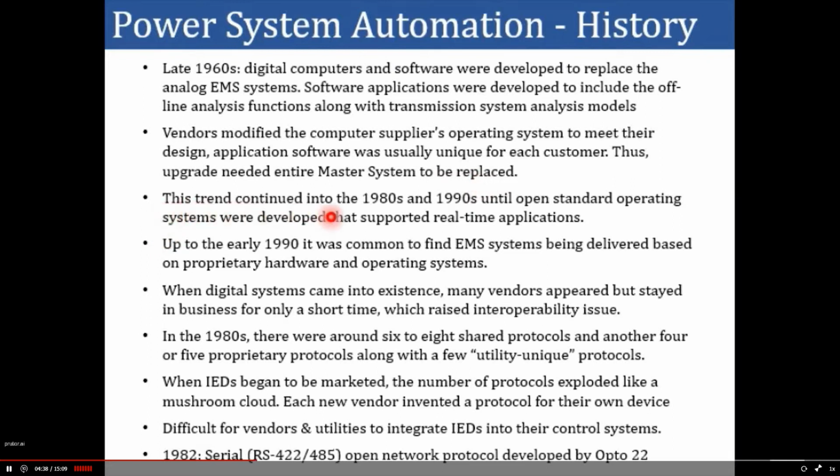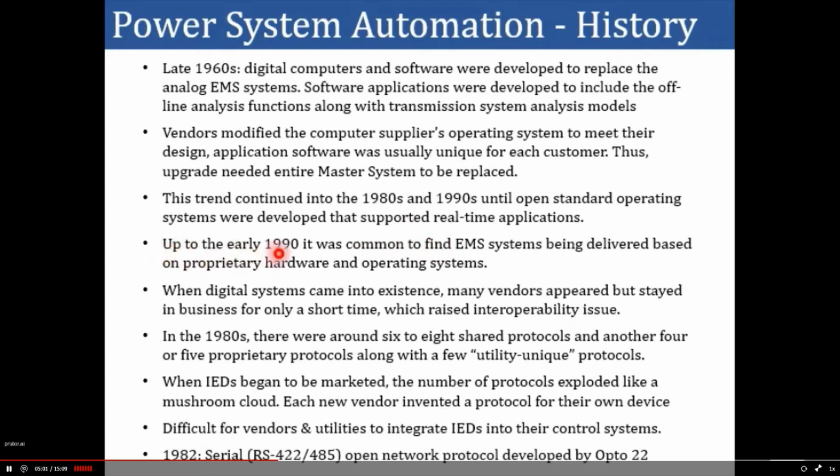Now this trend continued until the 1980s, and even towards the start of the 1990s, until we got open standard operating systems developed and deployed in the system to support real-time applications.